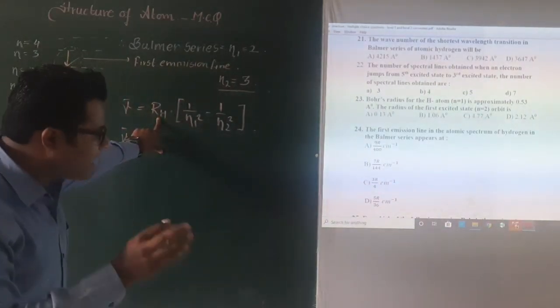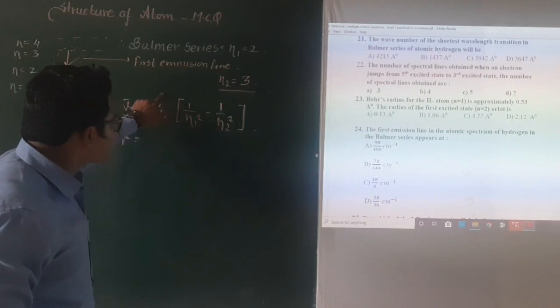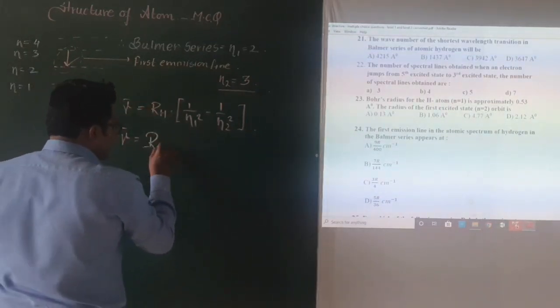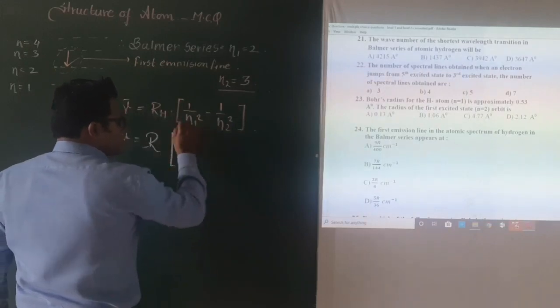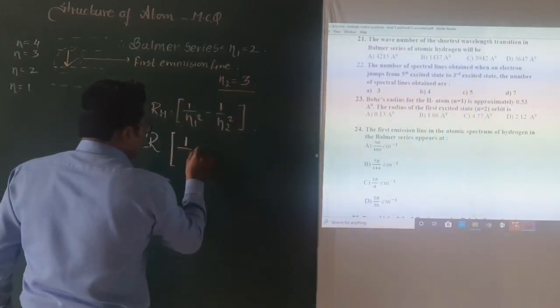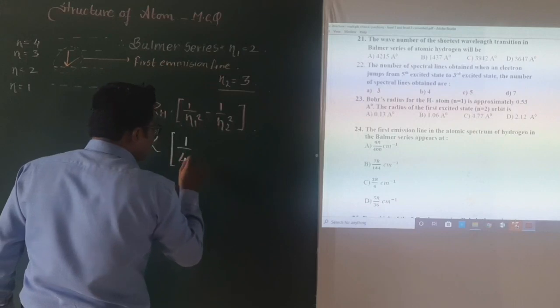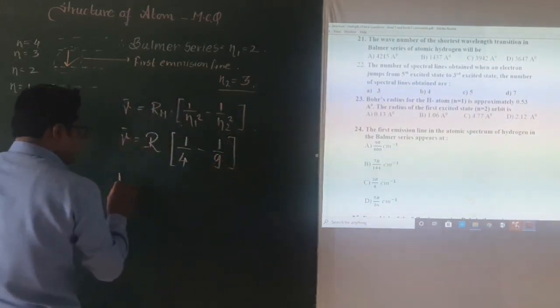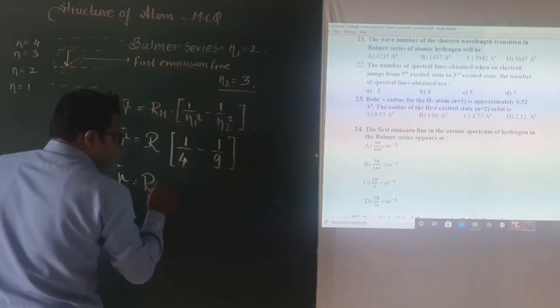You can keep it as R or R_H. So do not substitute this value here. Let's keep it as it is, R or R_H. So n1 square, that is going to be 1 over 2 square, that is 4, minus 1 over 3 square, that is going to be 9. Okay, R.